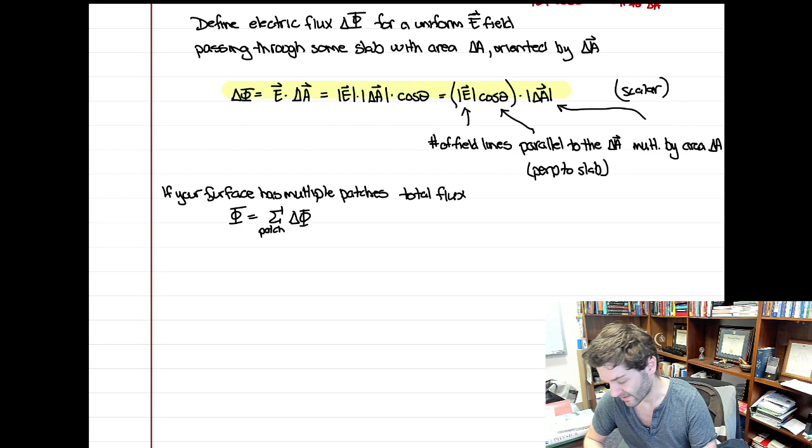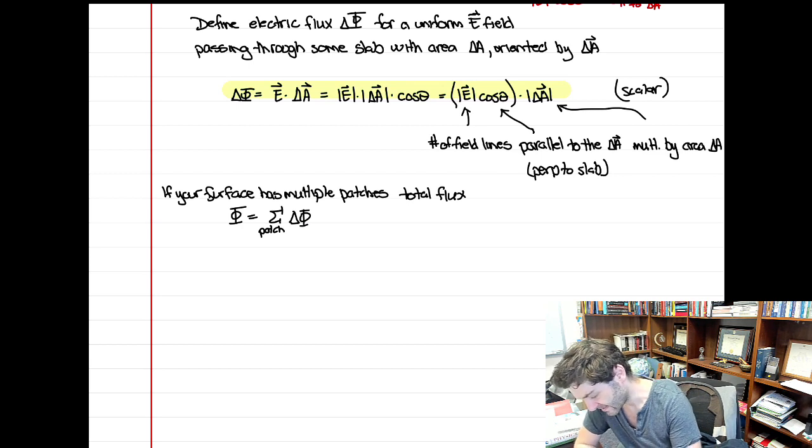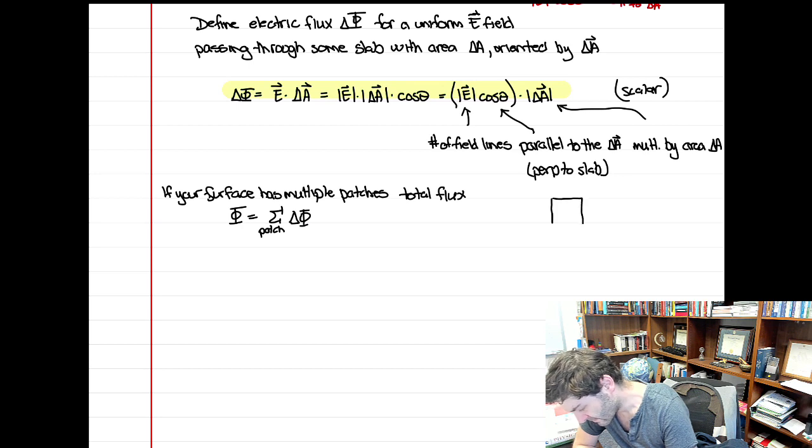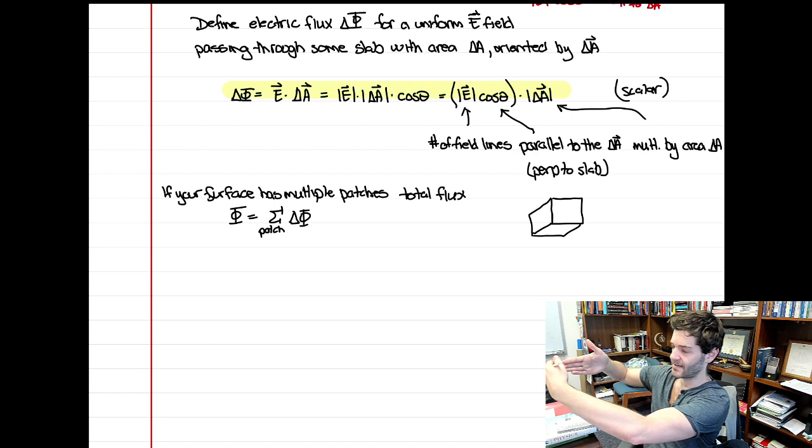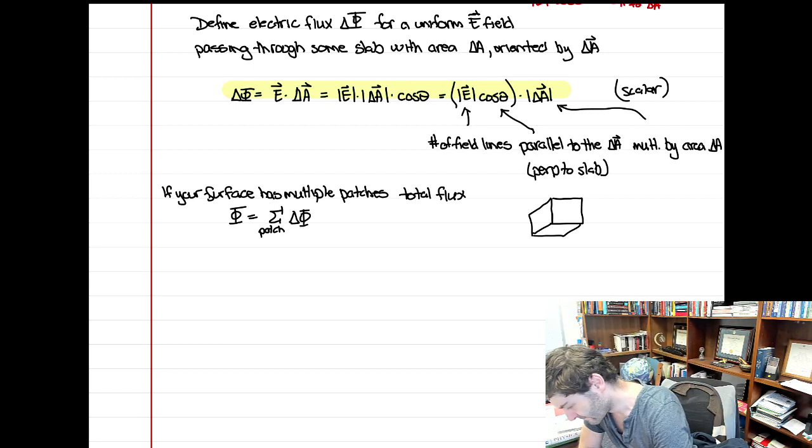So the idea might be, suppose I have not a full box, but just 3 sides of a box. I have the 2 back sides, and then the base.